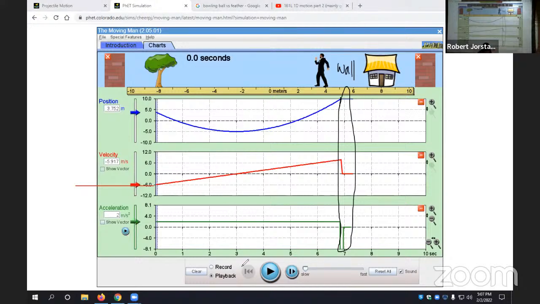Okay. Notice, initially, the velocity is at -6. That is the vertical intercept here, right? So that is V initial Y, or X in this case, sorry, V initial X. Notice this other weird thing. The person is moving left, right, but the graphs are all going up and down.